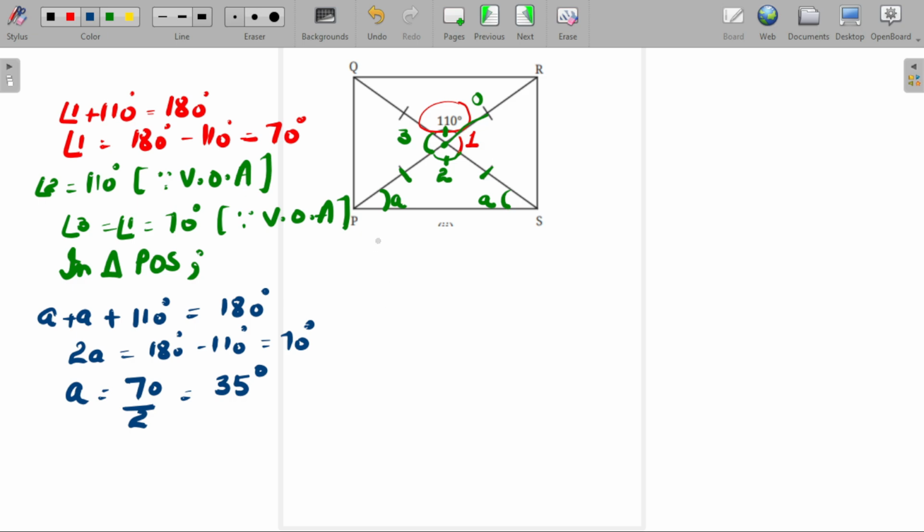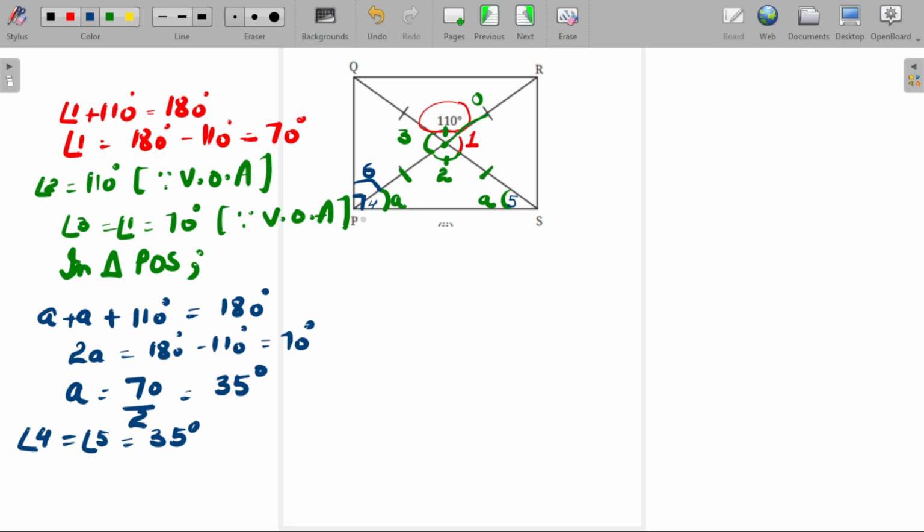Angle A is 35. That means this angle is also 35. So we can take it as 4 and 5. This is angle 4 and this is angle 5. So angle 4 equals angle 5 equals 35. Now take it as angle number 6. Obviously this whole is 90 degrees.